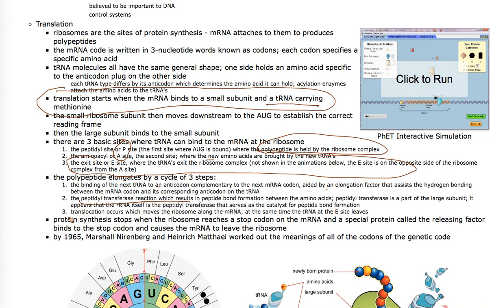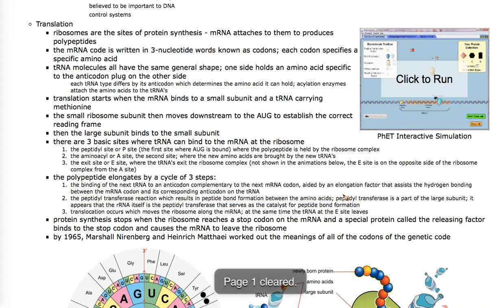And then translocation occurs, which means that the entire ribosome complex shifts down one codon to allow the next tRNA to bring the next amino acid. Eventually, protein synthesis will stop when a stop codon is reached on the mRNA. And that brings us then to the animations.